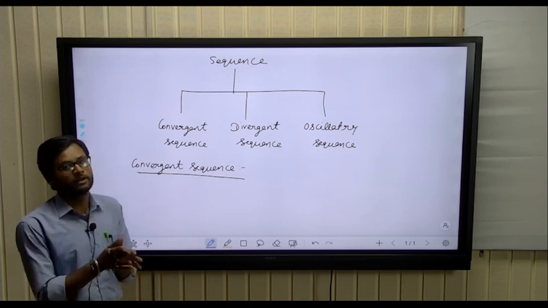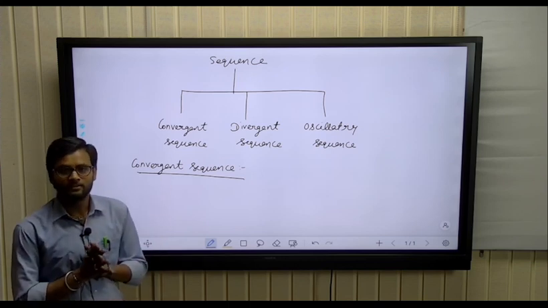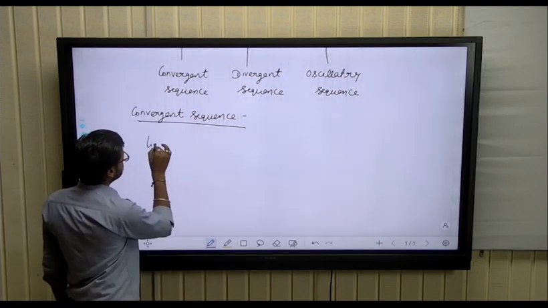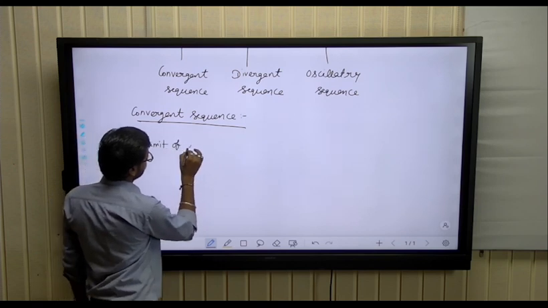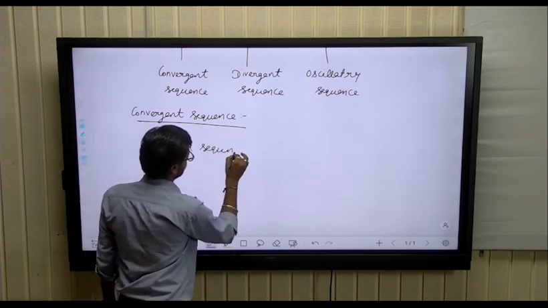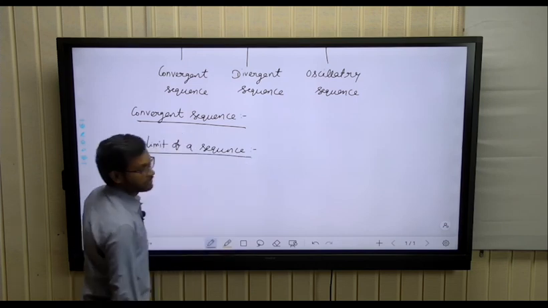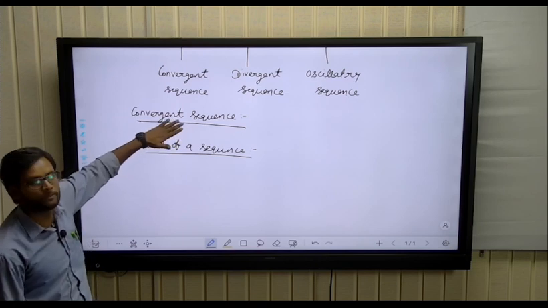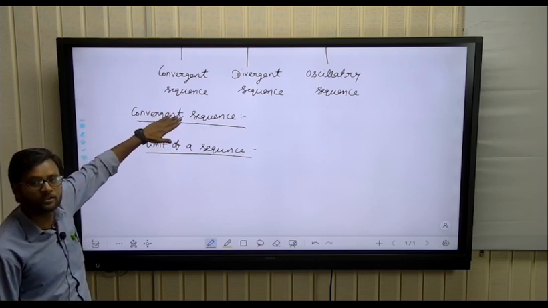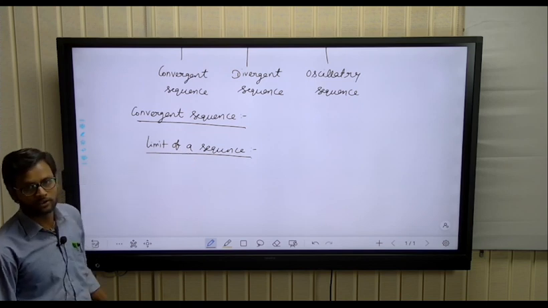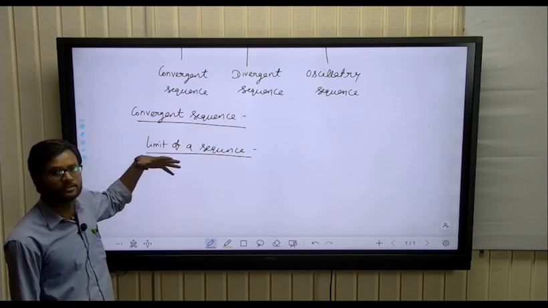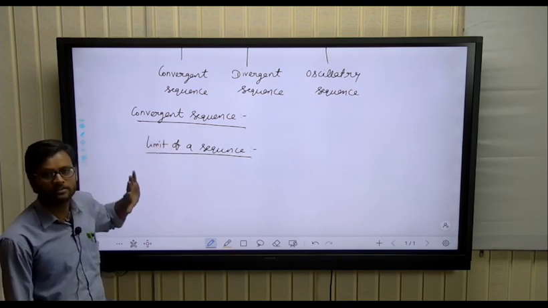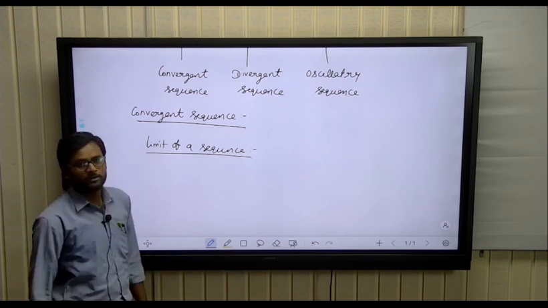Without the concept of the limit of a sequence, we cannot find the convergent sequence, because the convergent sequence depends on the limit of a sequence. Then I will tell you the relation between the limit of a sequence and a convergent sequence. But first we discuss the limit of a sequence.